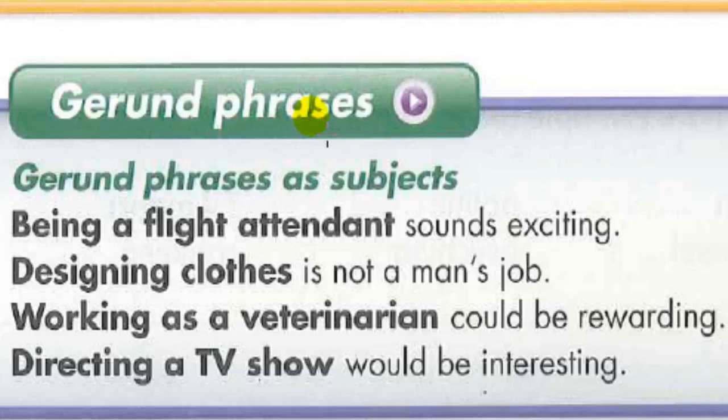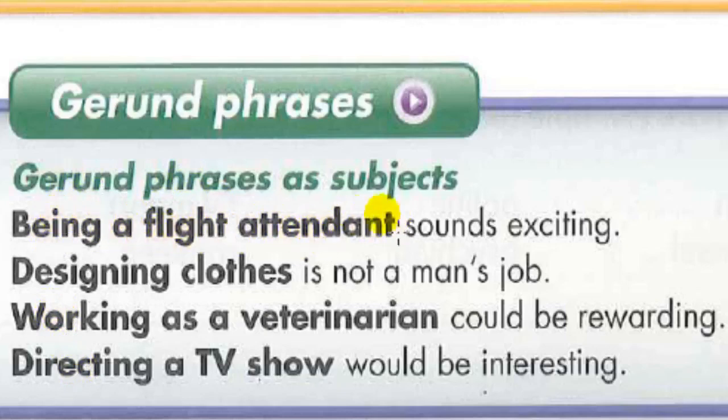It's not a sentence. For example, here, a gerund phrase as subject. This gerund phrase can be the subject, like here: being a flight attendant. So here, gerund, verb plus ing: being, designing, working, directing. This is the gerund. Phrase, two or three words: being a flight attendant, without a complete meaning.